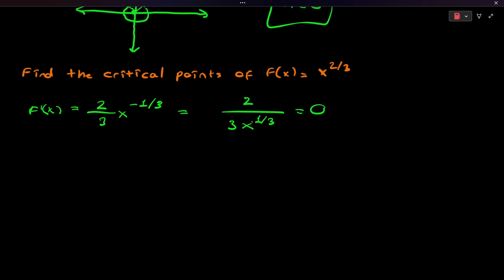I cannot make this equal to 0, right? I know that. Then I'm going to ask myself, do you have any undefined points? Yes, I do, which is critical point x is equal to 0. Why? Because x0 makes the denominator 0, which makes the fraction undefined.